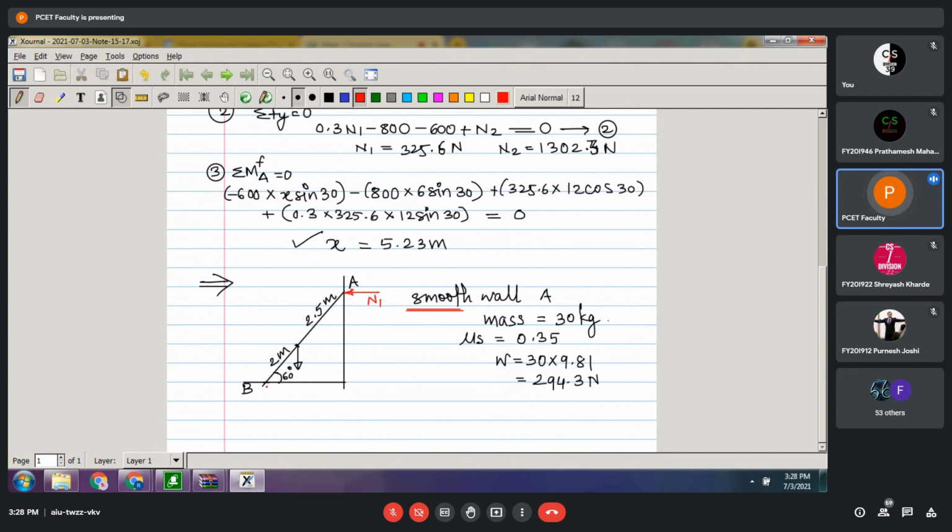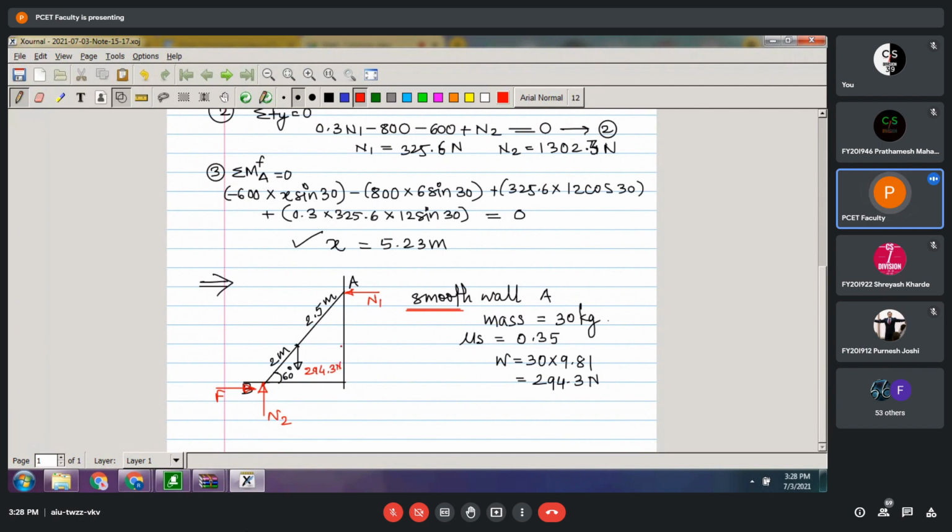Second, at this point it will receive some upward reaction, suppose N2, and the ladder will have a tendency to slip in the outward direction. So obviously the horizontal floor will offer a frictional force which is inward. Weight you have already calculated, it is 294.3 Newton.